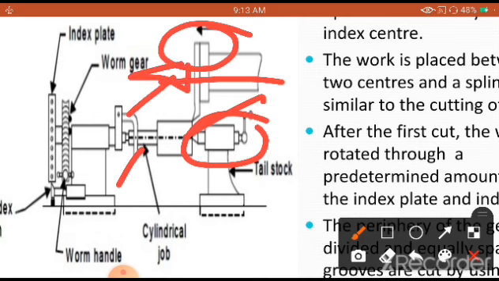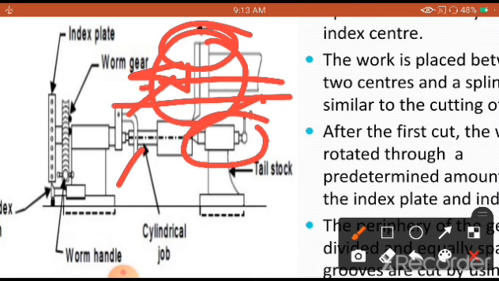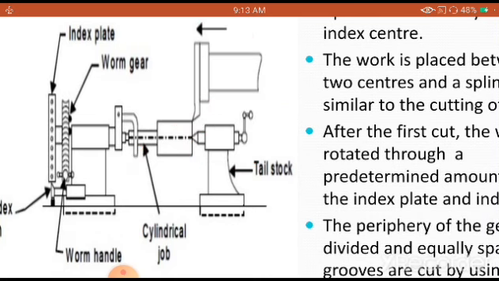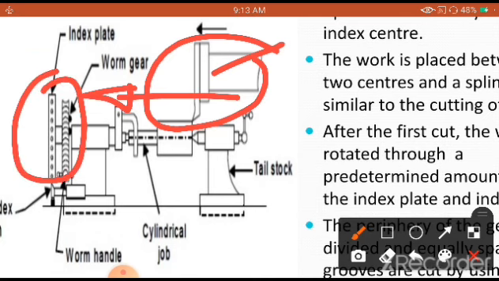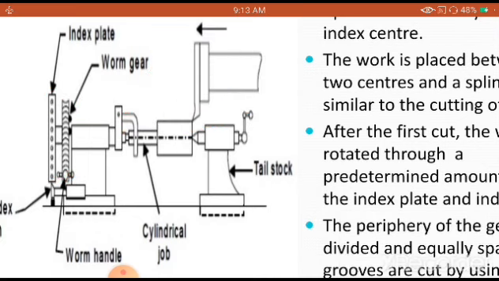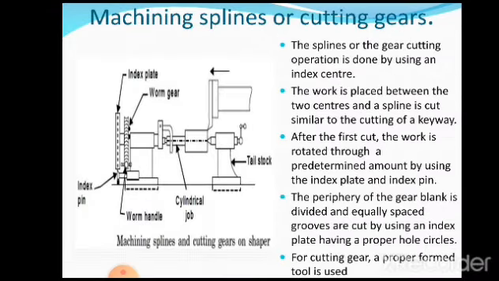This is the shaper, and this is the ram, on which the cutting stroke is given. Once the cut is made, the index plate is responsible for giving the exact angle to the cylinder, and the next cut starts. That is what we are going to read now clearly on the screen.